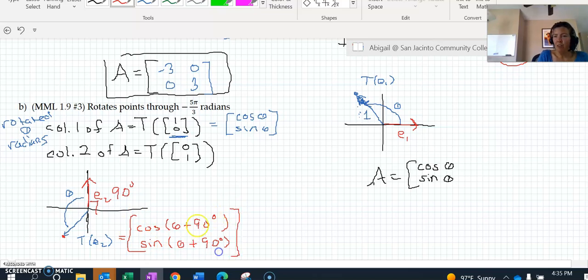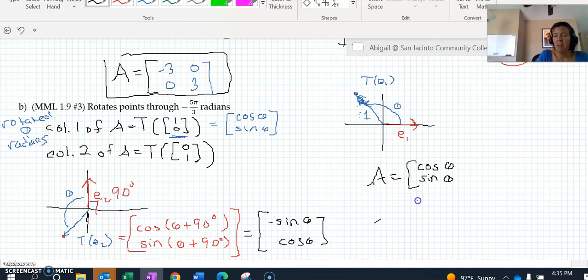And now if you use some formulas from trigonometry, here's where I'm going to wave my hands a bit. I'm not going to go through the details of the trig, but if you look at the angle addition formula, that's what you should look up if you want to fill in the blanks here. It's the angle addition formula for sine and for cosine. Cosine of theta plus 90 degrees is equal to negative sine of theta, and sine of theta plus 90 degrees is equal to cosine theta.